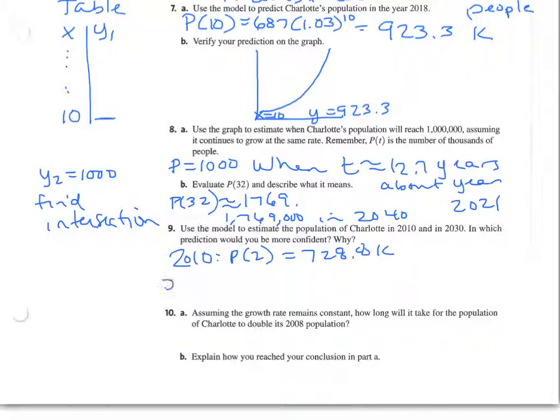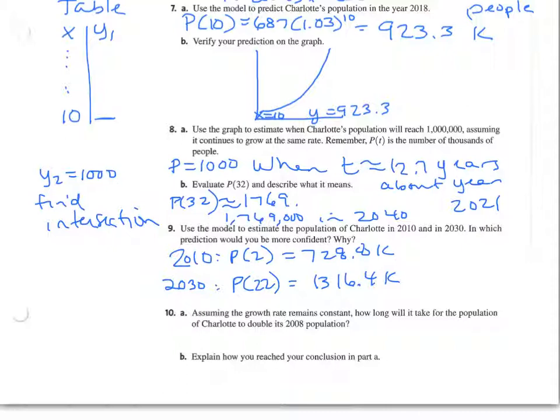If I find 2030, I'm really finding P of 22, and that ends up coming out to be, in thousands, 1,316,000. So which one is a better prediction?